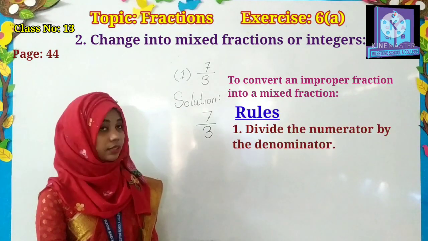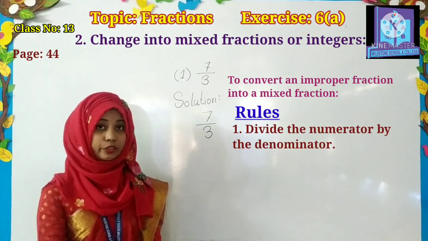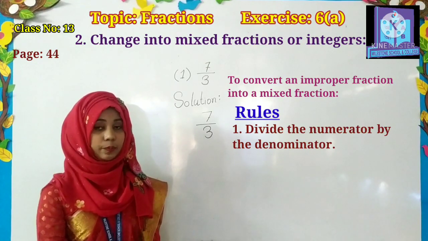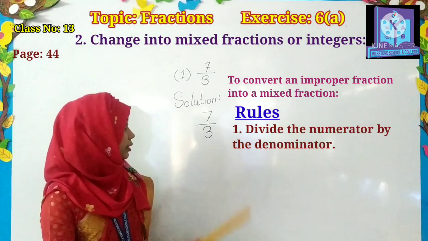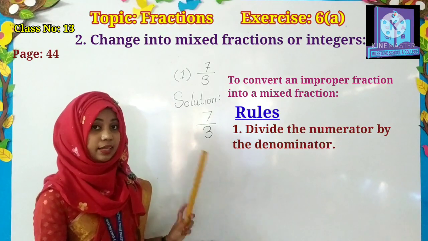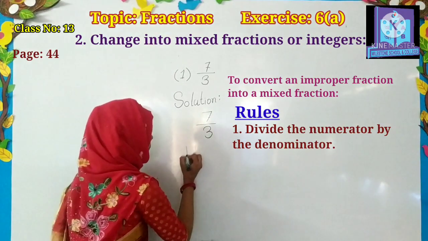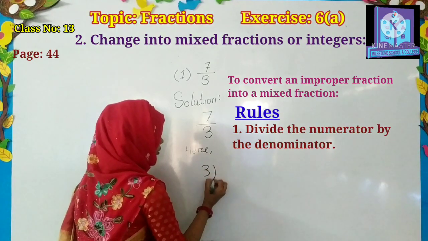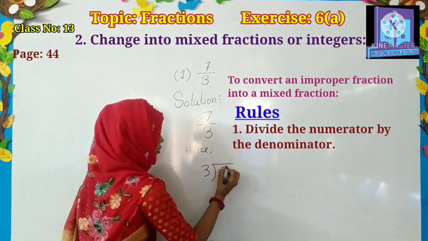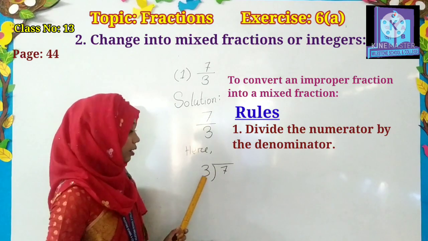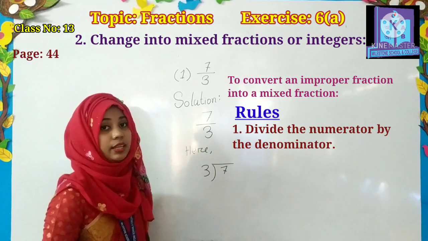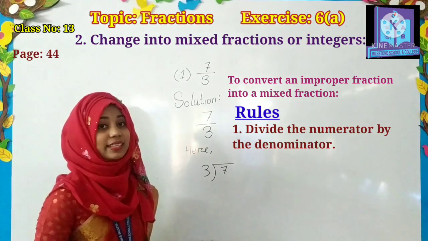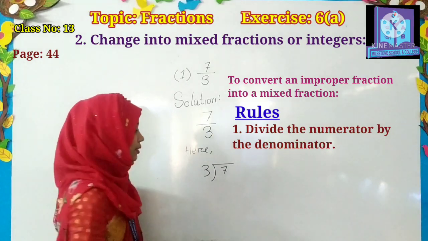Rules number 1. Divide the numerator by the denominator. It means divide 7 by 3. Here we will count times table of 3. 3 twos are, yes, 3 twos are 6.